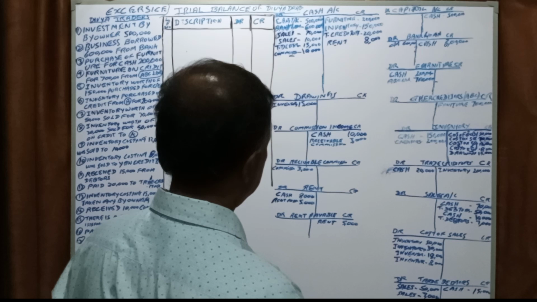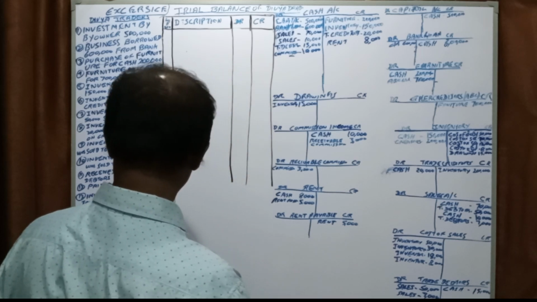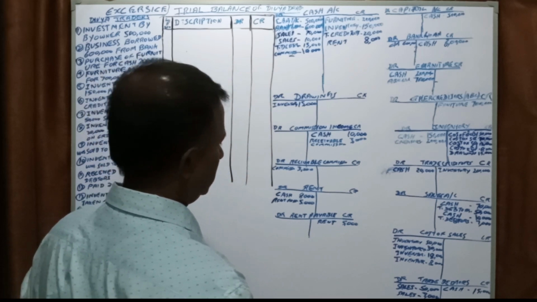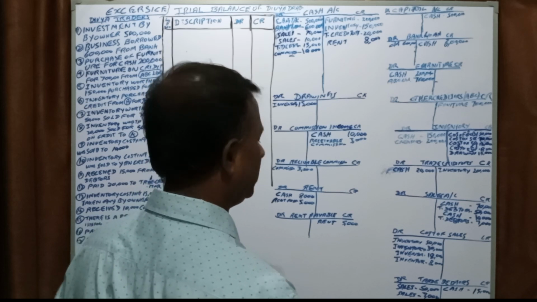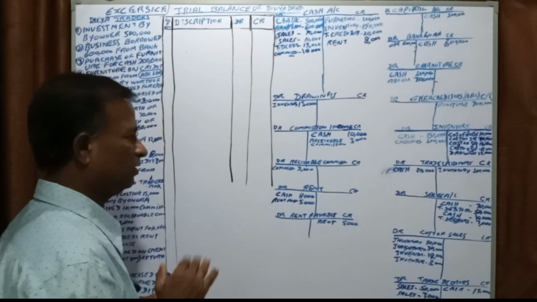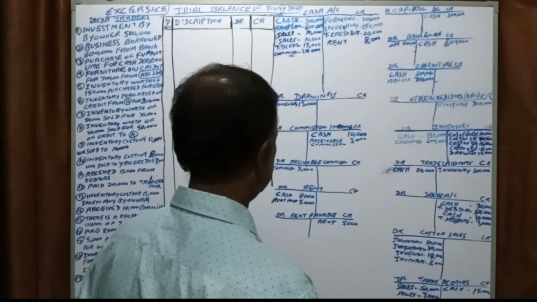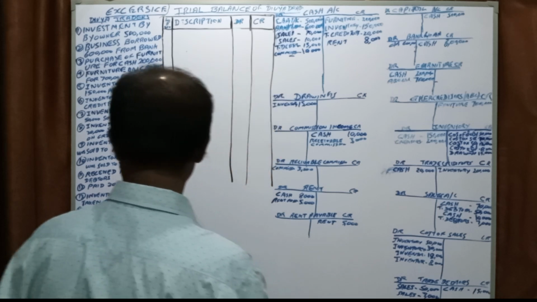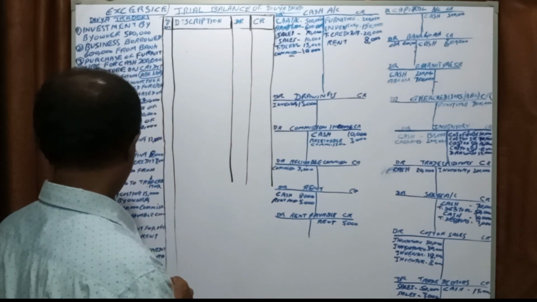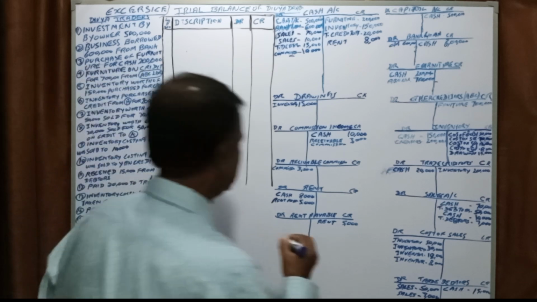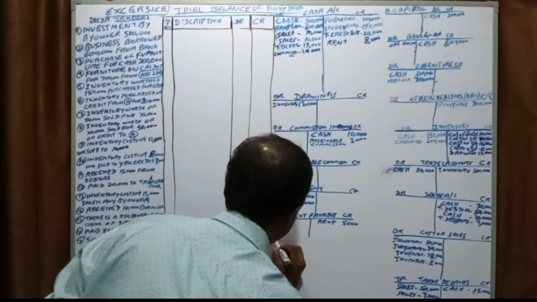Right? If the inventory was returned by the debtor, inventory sold, sales return inwards.